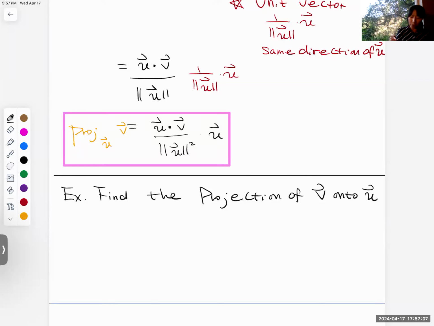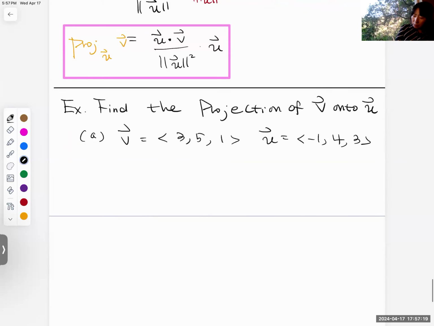So I do one, you do one. Okay, number one: V equals 3, 5, 1. U equals negative 1, 4, 3. So just copy and paste.